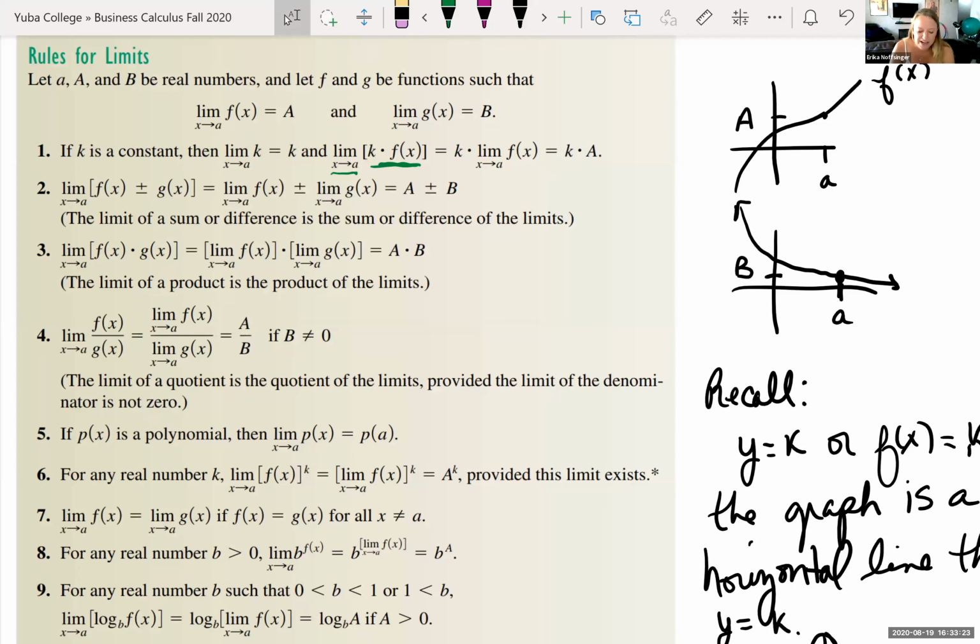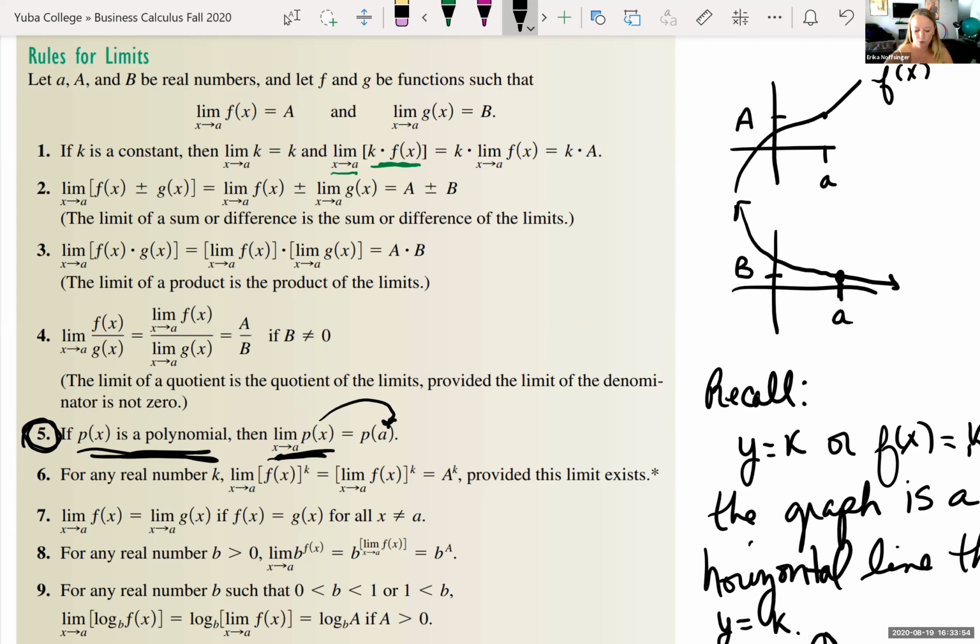If you have a summation of 2 functions, actually, basically the rule that I'm using for this next one is number 5. It's saying if you have a polynomial p of x and you're looking at the limit as x approaches a of p of x, all you have to do is plug in. This will give you the same value as plugging in a wherever you see an x in the function p of x.